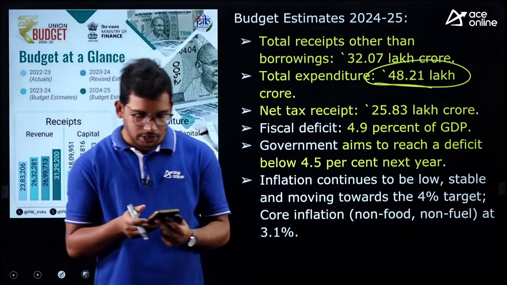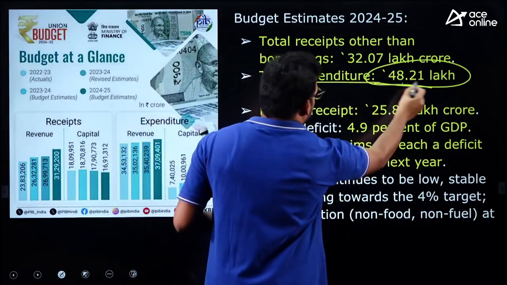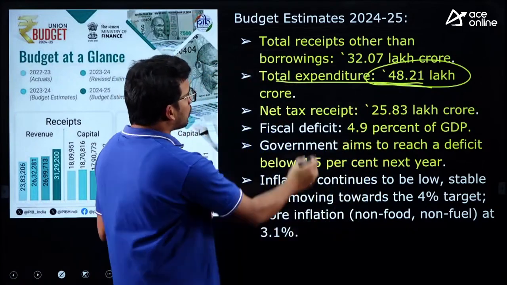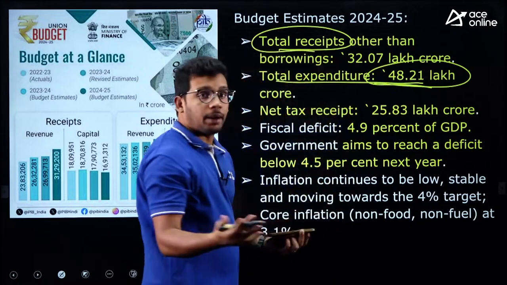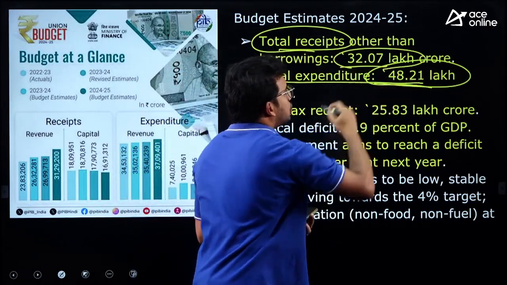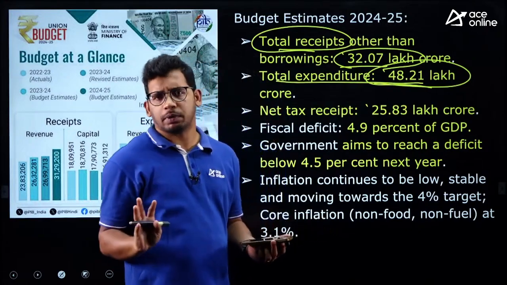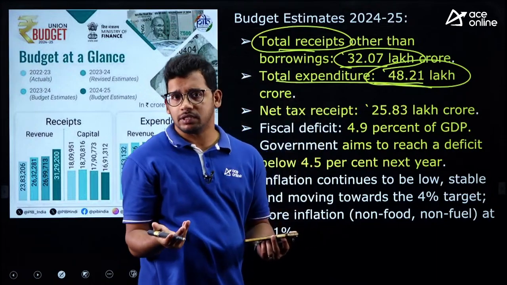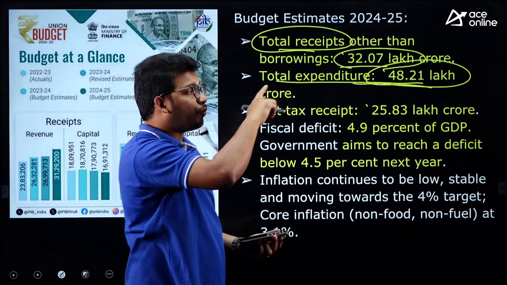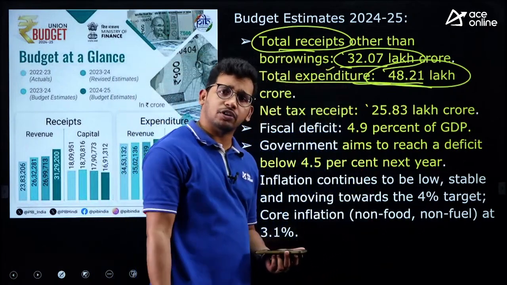Now you also need to answer: out of this total expenditure of 48.21 lakh crore, the total receipts, that means the money which government is getting from all sources, is 32.07 lakh crore. Say your expenditure is 1000 rupees per month, but you are getting only 800 rupees. This is the government's situation. The total expenditure planned was 48.21 lakh crore, but the revenue the government is getting is just 32.07.